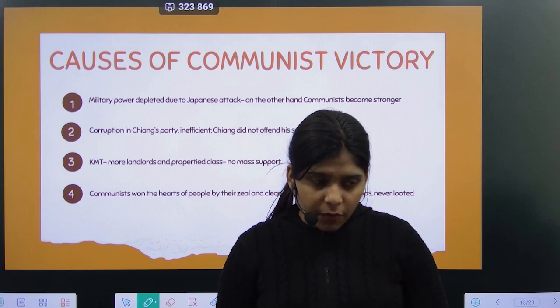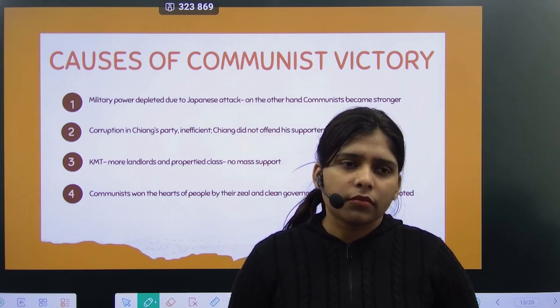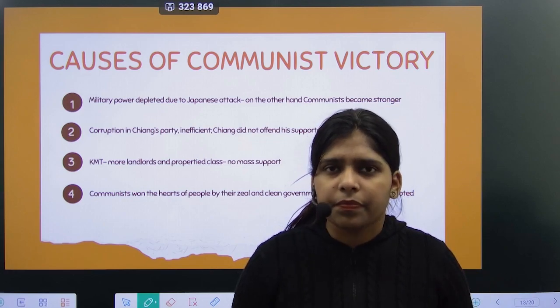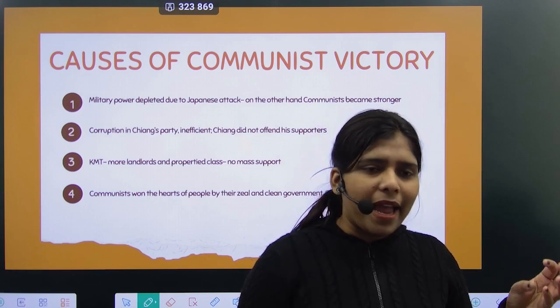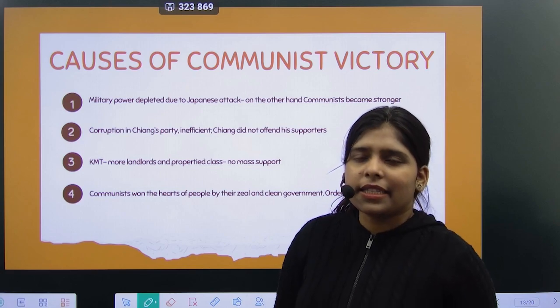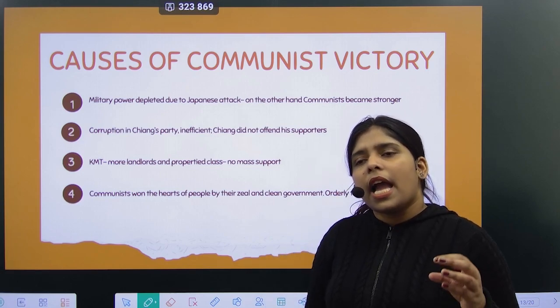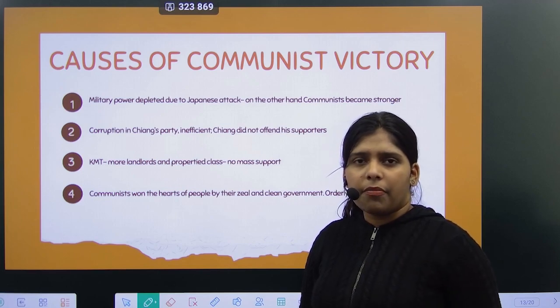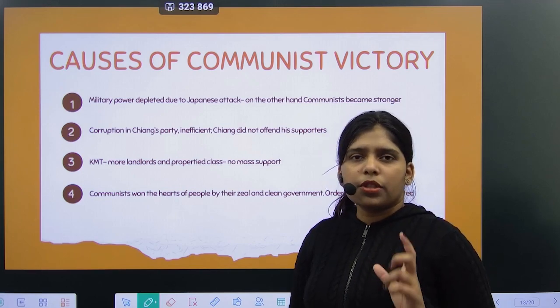The thing over here was that the KMT party was full of corruption and bribery. It had bankers, it had upper class elite, and Chiang Kai-shek did not want to offend any of them because he was getting funding from them. So it was full of corruption, full of bribery.